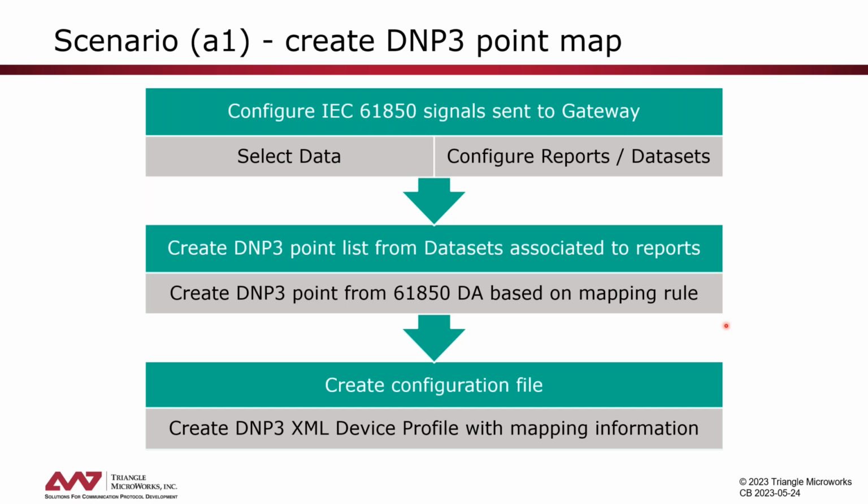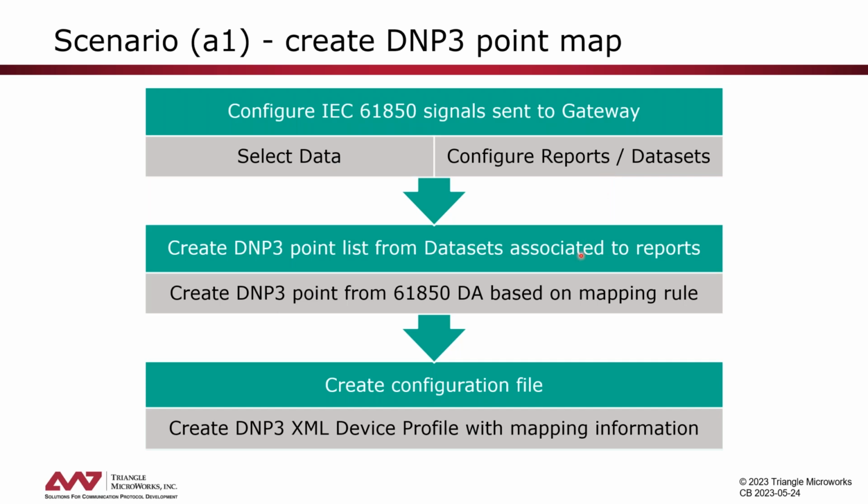We can create that point map based on the signals we have, so we don't need to map on an existing point map. So the workflow would basically be, we configure and select the 61850 signals that we need to send to the gateway. We can do that by selecting the data, configure reports and data sets as we would have, sending them to the gateway. And then from these data sets, we can extract the information that we need to send forward.